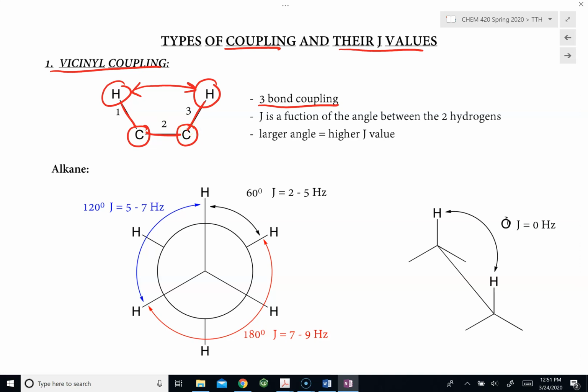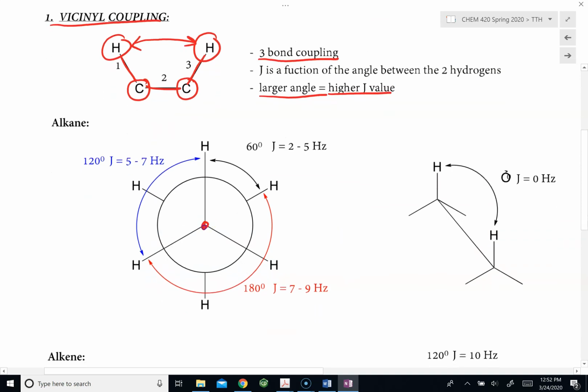The J value to describe the extent of communication between these two hydrogens depends on the bond angle. The further apart the bond angle between these two hydrogens, the higher the J value will be. For example, let's say here is the carbon on the front and the carbon on the back.